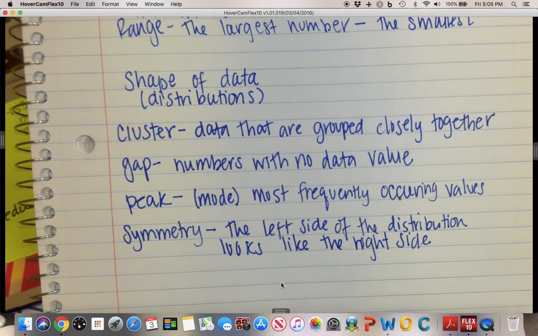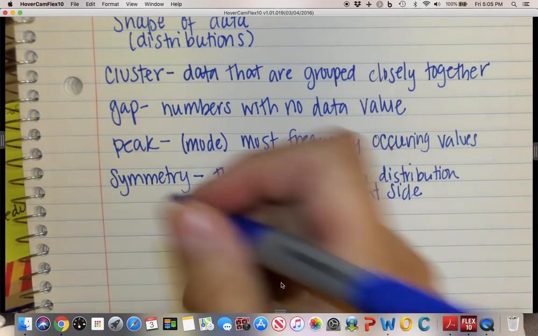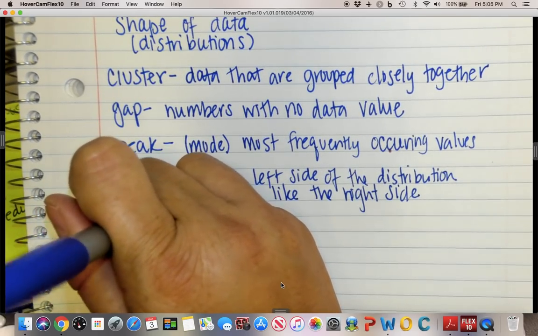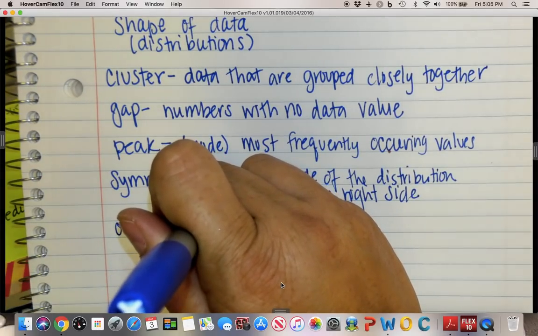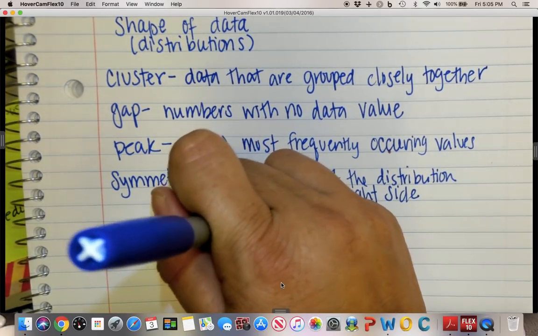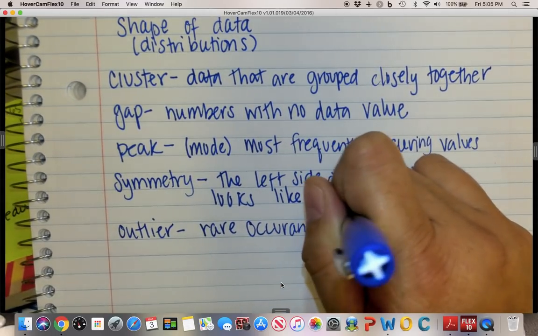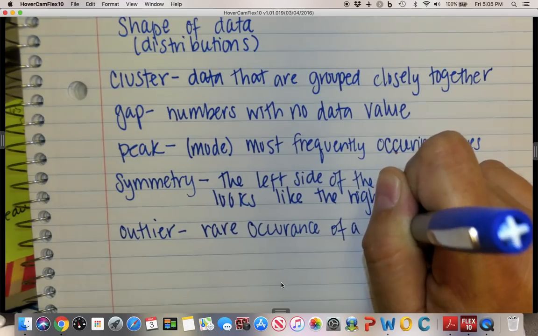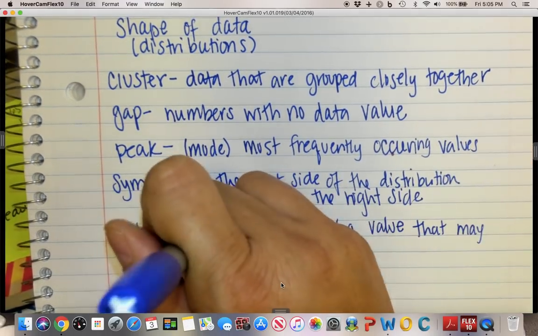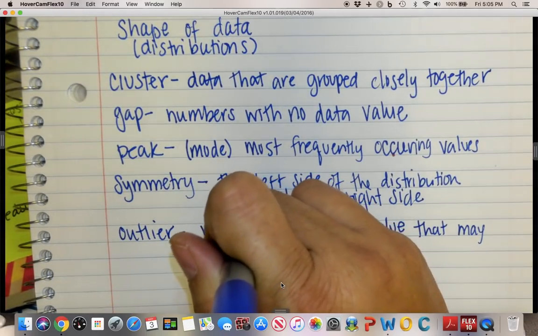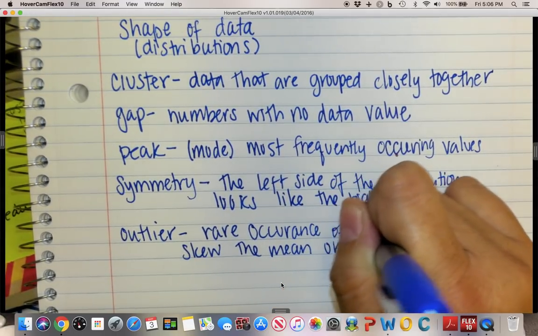And then one more word we're going to talk about is outlier. An outlier is a rare occurrence of a value that may skew the mean or median.